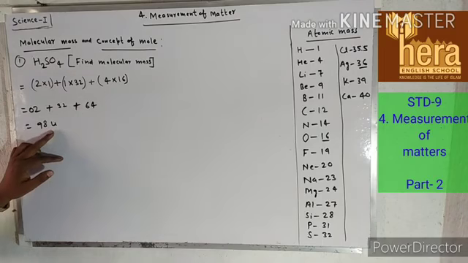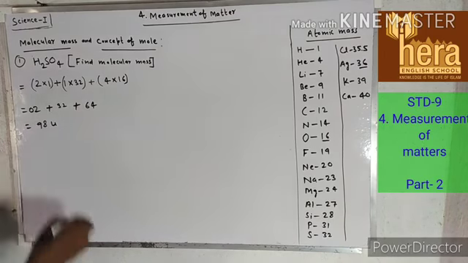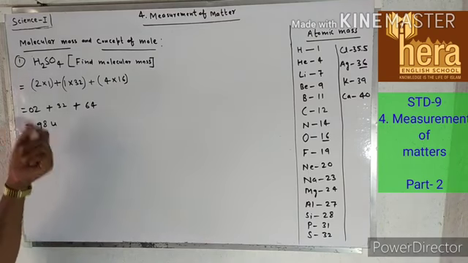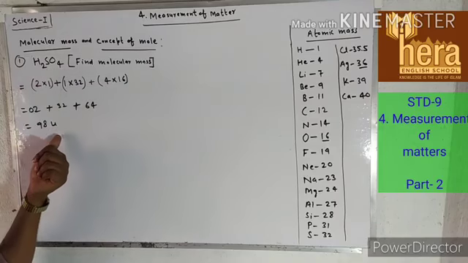U is the unified atomic mass. Okay. So therefore the molecular mass of H2SO4 will be equal to 98.